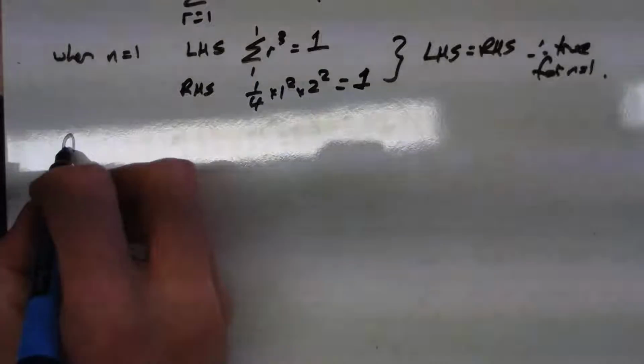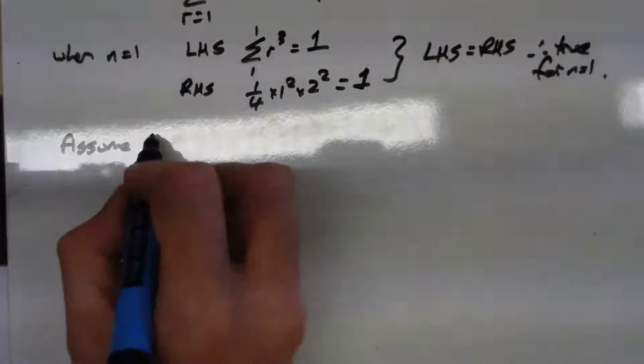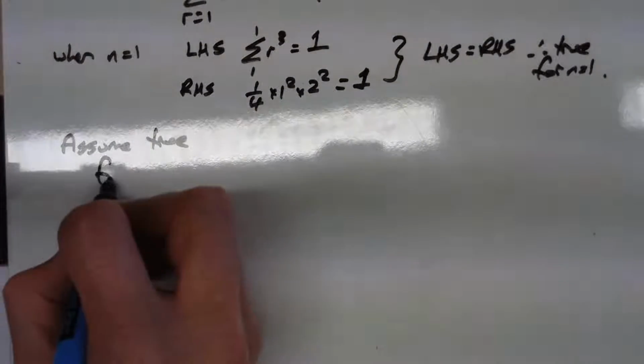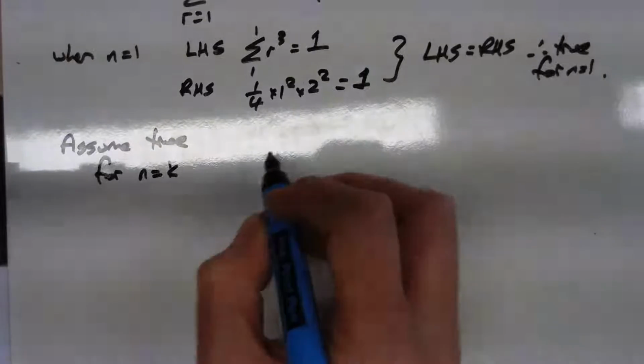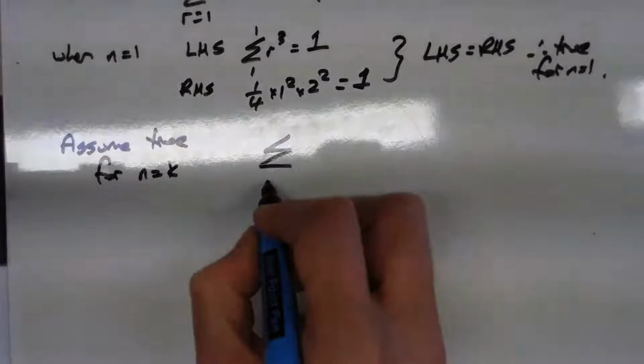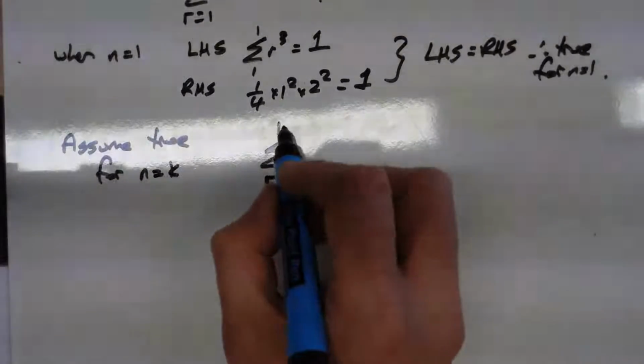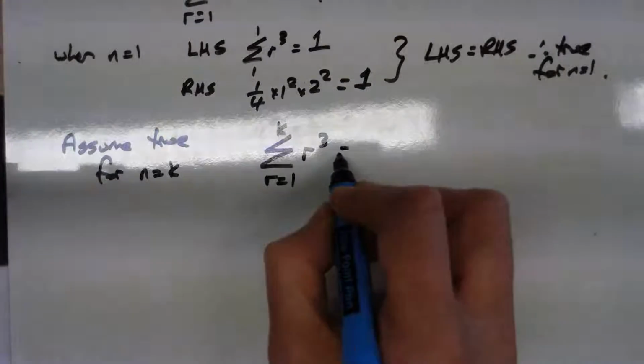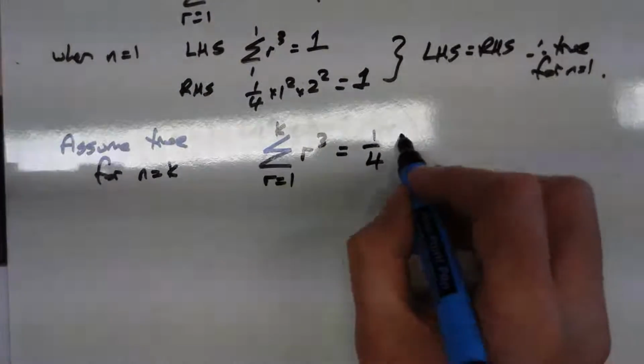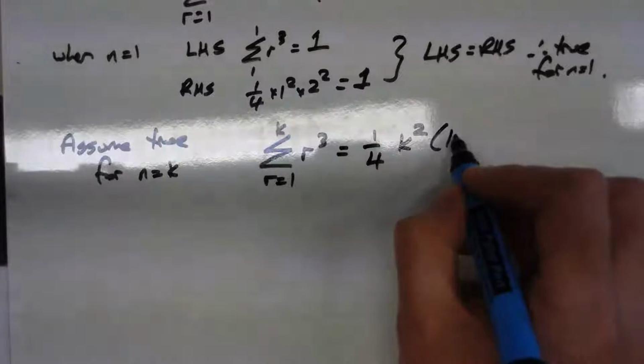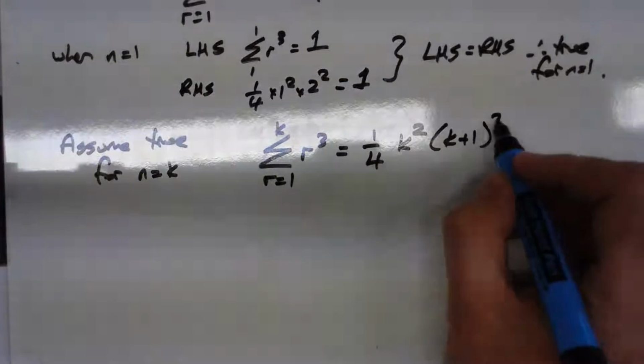The next thing we say is assume true for n equals k. And write it down. So I know we're just repeating the question, but write this. From r equals 1 to k of r cubed equals a quarter k squared, k plus 1 all squared.